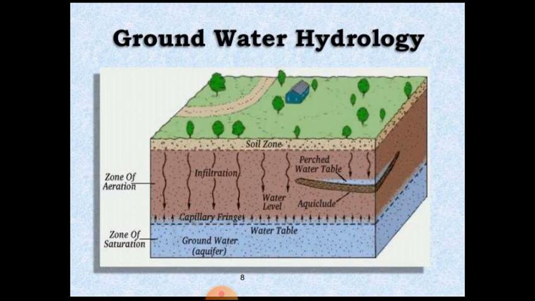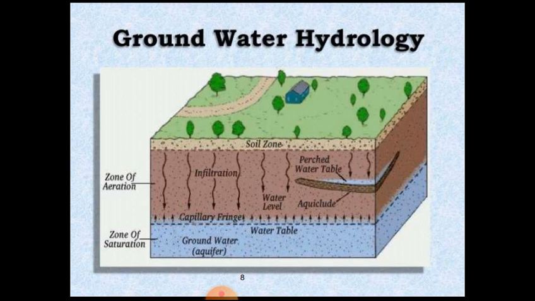When checking the water table level, almost all the pores are filled with soil moisture. As we go higher and higher, only those pores which are continuous are filled with water.